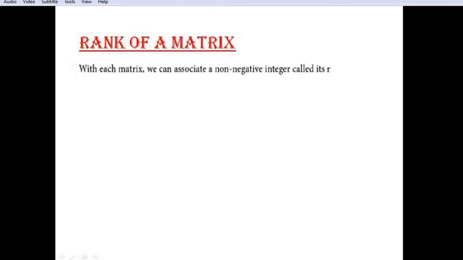Rank of a matrix, definition. With each matrix we can associate a non-negative integer called its rank. One of the characteristics of a matrix is its rank. So one matrix can be associated with a non-negative integer. What do non-negative integers mean?